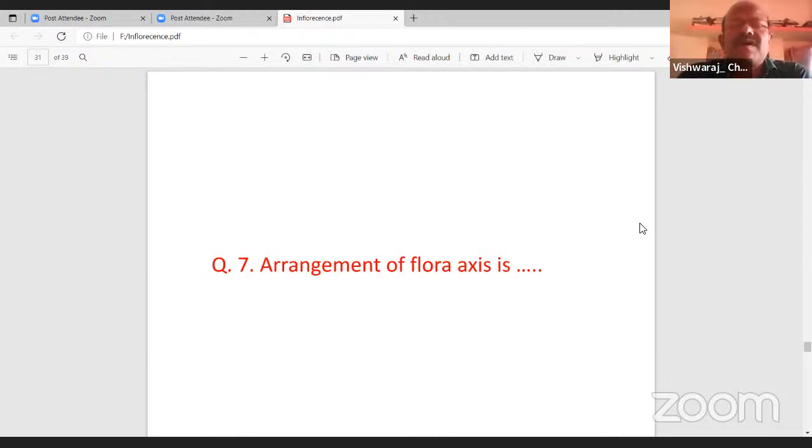Seventh question: arrangement of floral axis is what? The answer is inflorescence.